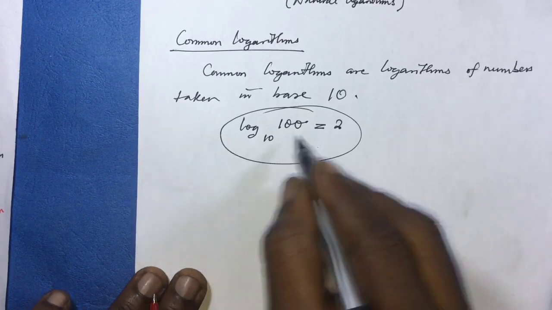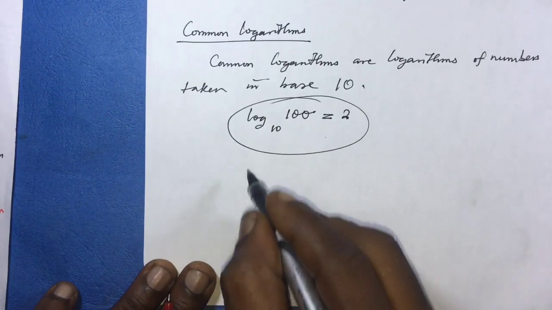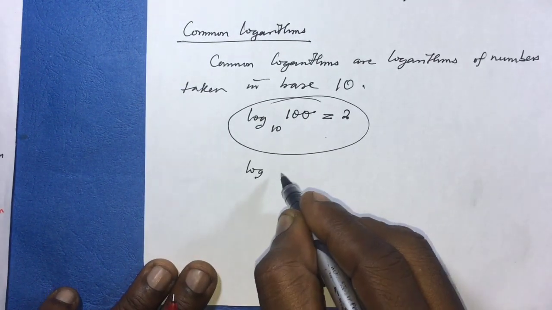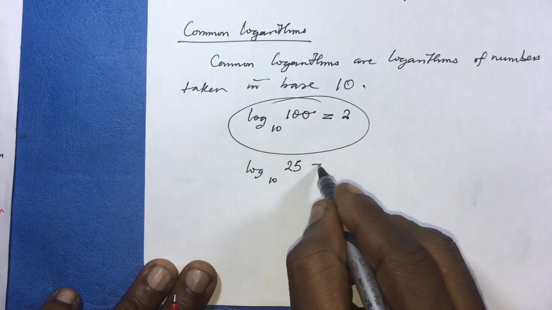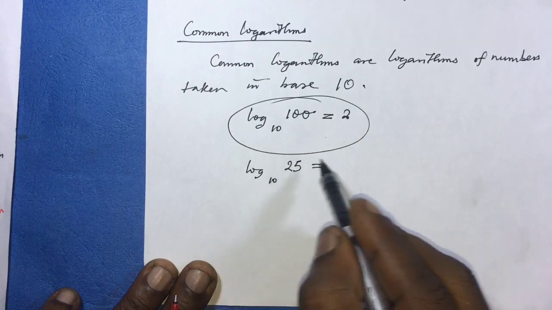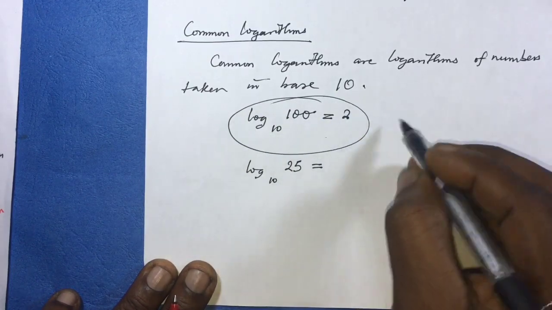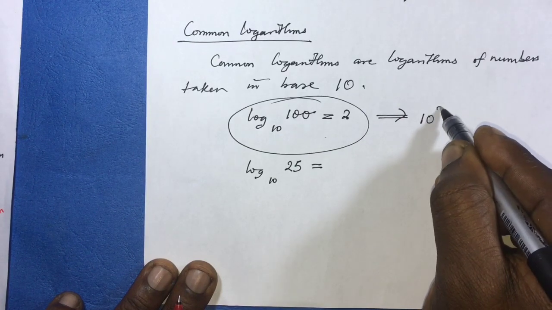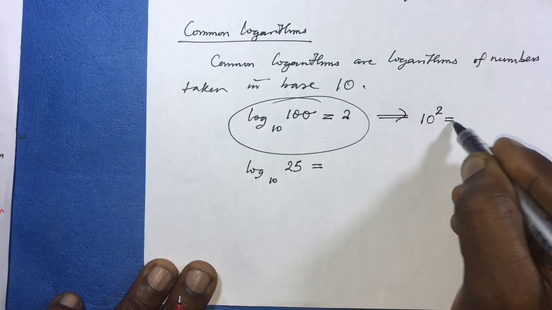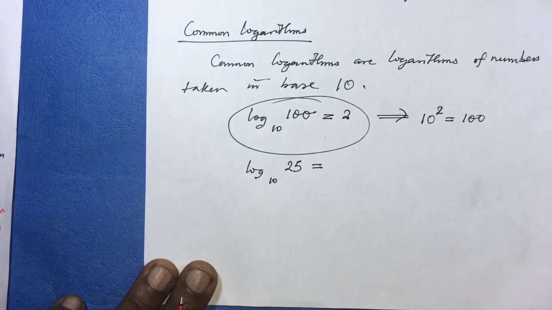Now, this was an easy task to do. However, if we were to take the logarithm of 25 in base 10, it won't be as easy as this. Remember, this was simple because we can quickly find the number 2 to which 10 must be raised to give 100, even without any complex calculation.